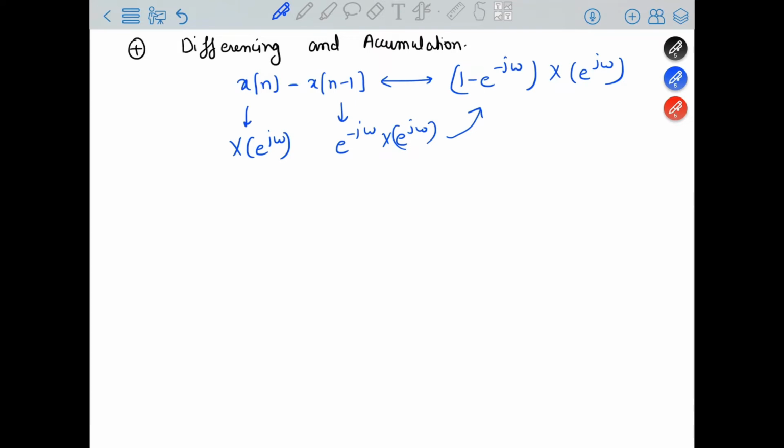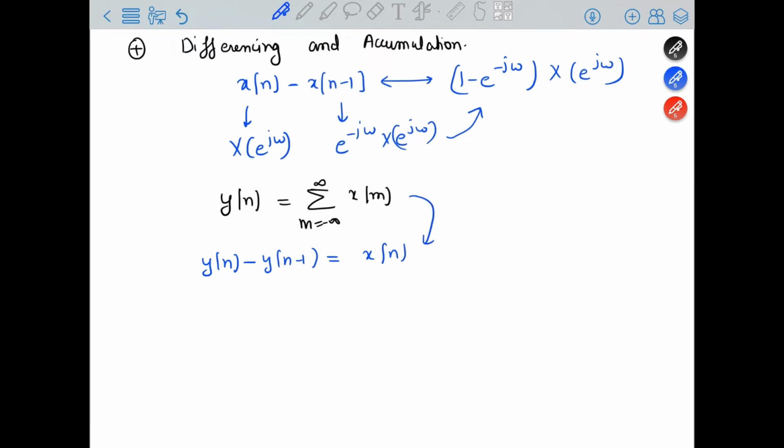Now for accumulation, how can we derive it? Suppose there is a signal y[n] which is equal to the accumulation of x[m] over the interval minus infinity to n. So we have done a summation of x[m] with a range from minus infinity to n. Suppose we take y[n] minus y[n minus 1]. What will this be? It will be x[n], so you can directly get this result from this expression.